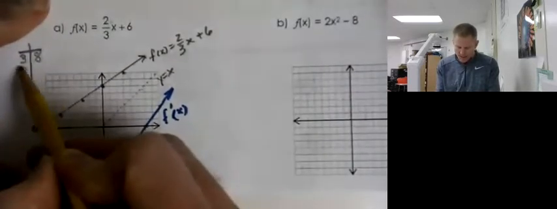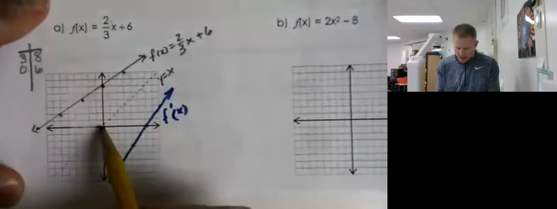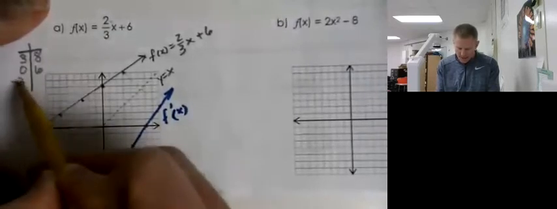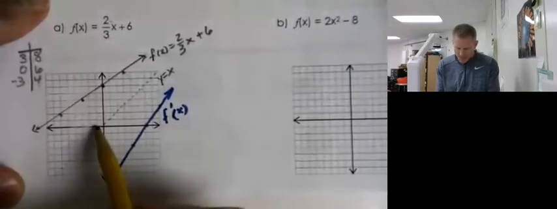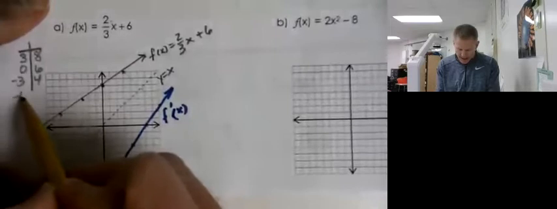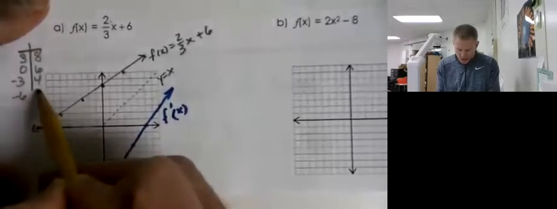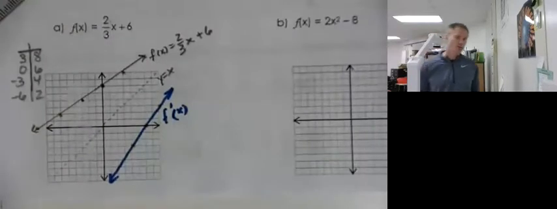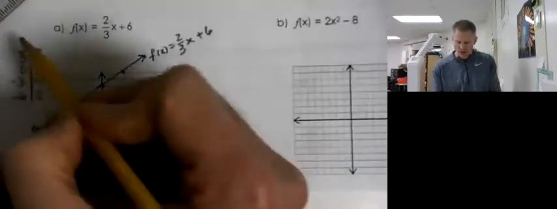So 3, 8. 0, 6. 1, 2, 3, 1, 2, 3, 4, negative 3, 4. 1, 2, 3, 4, 5, 6, negative 6, 2. So that would have been the table of the original.